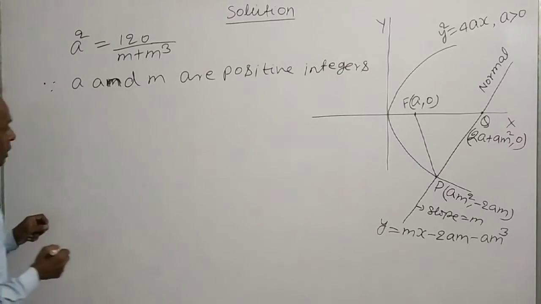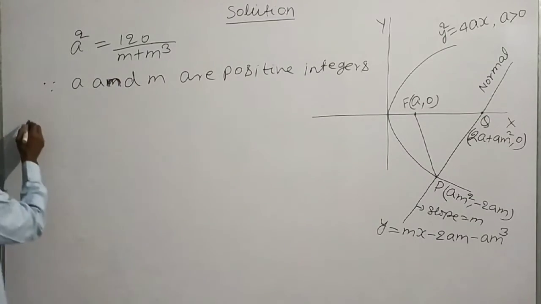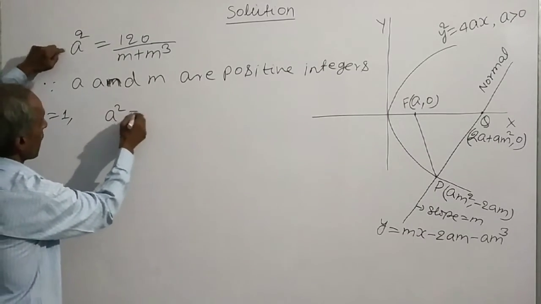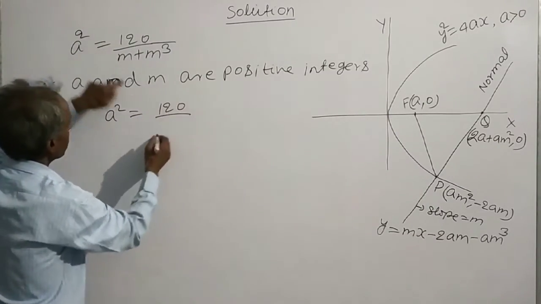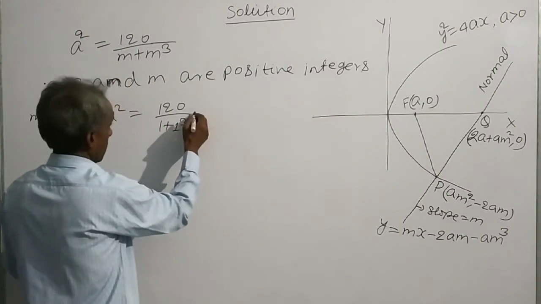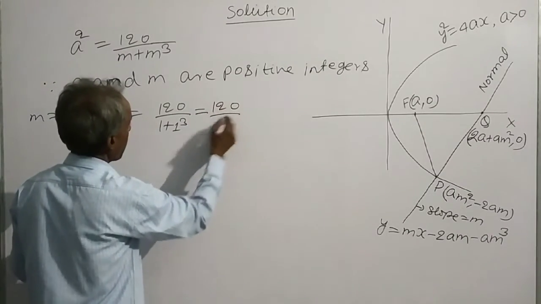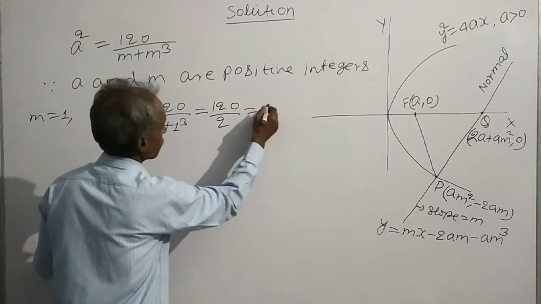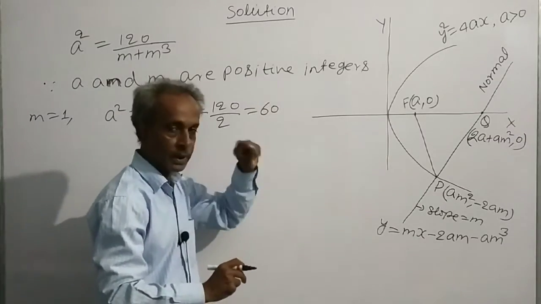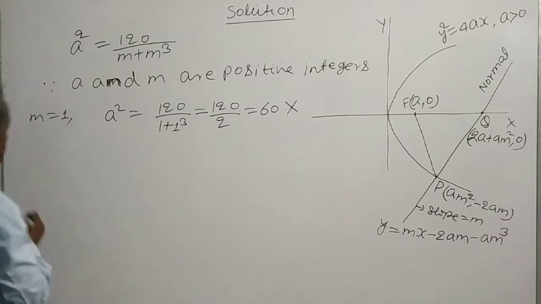Therefore, we put the first positive integer 1 in place of m. m is equal to 1. Then we get a square is equal to 120 by (1 plus 1 cube), that is equal to 120 by 2, that is equal to 60. 60 is not a square of any positive integer, therefore this value is not acceptable.